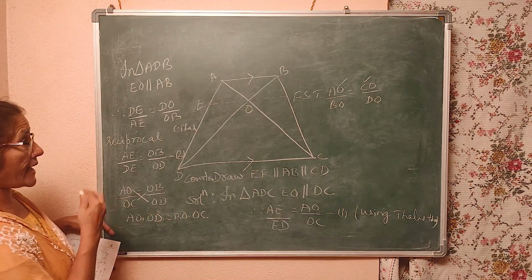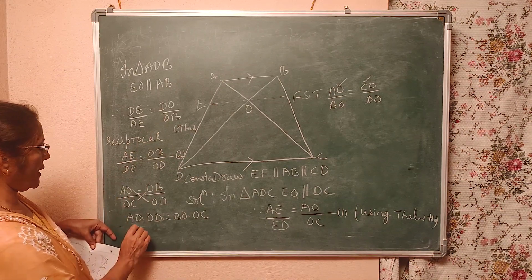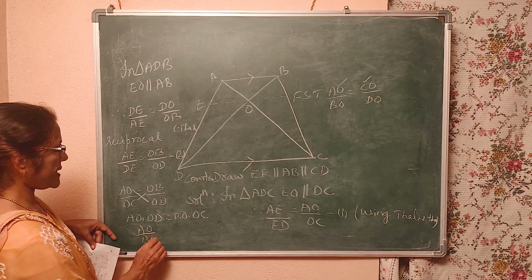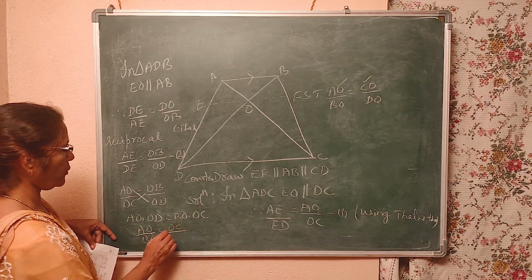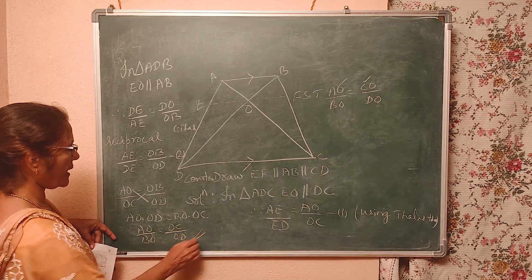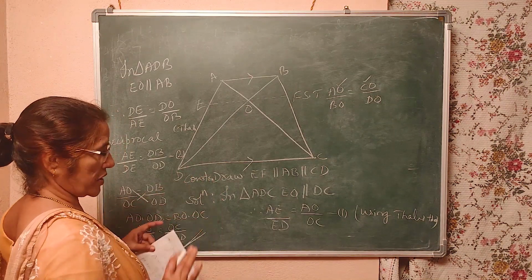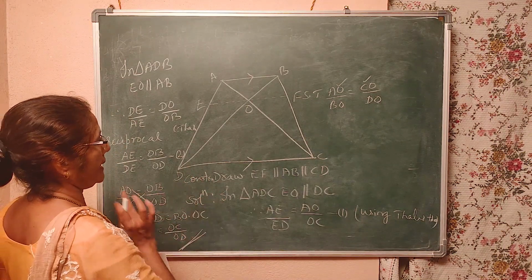Now I write as I want. How do I want it? AO by BO is equal to OC by OD. This is my answer.